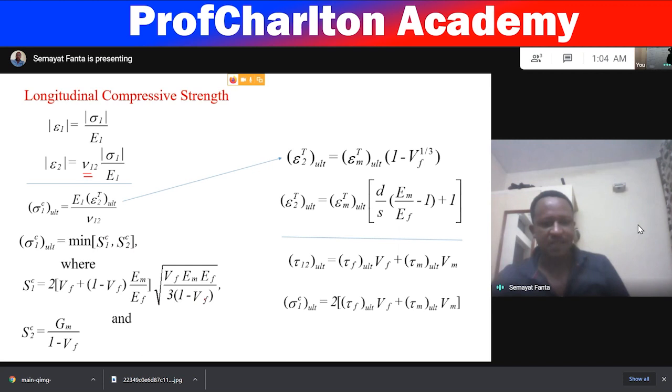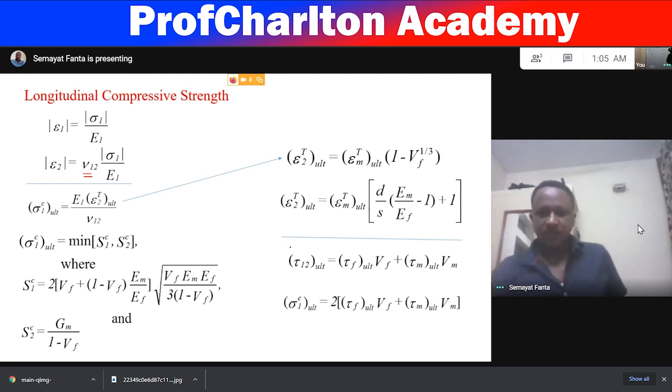S1 is given like this, in terms of the Young's modulus of matrix, Young's modulus of fiber, and volume fraction of fiber. So these parameters, and the S2 here is in relation to the in-plane shear modulus with the volume fraction of fiber.